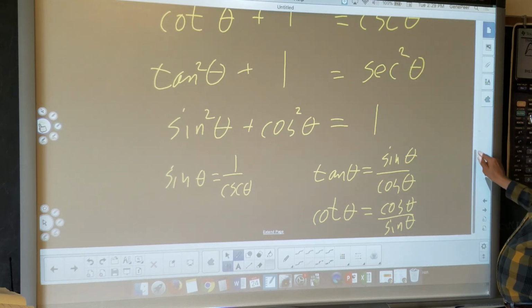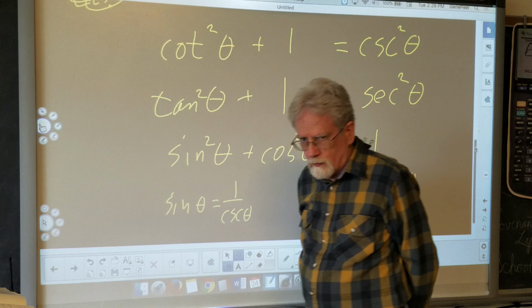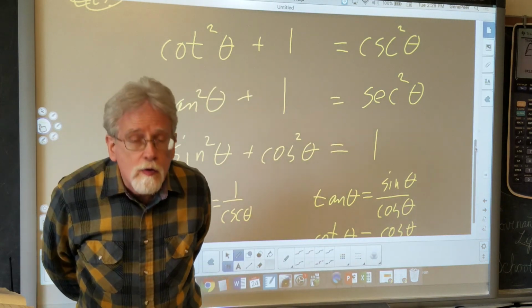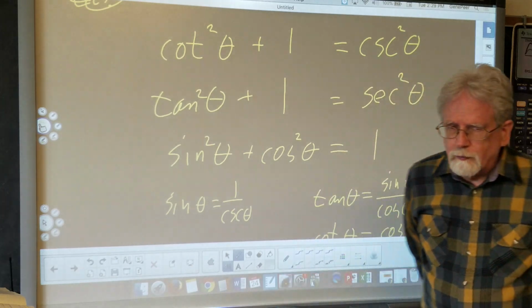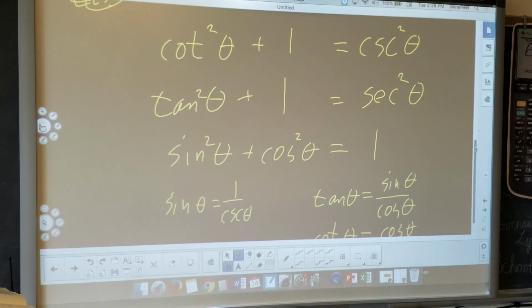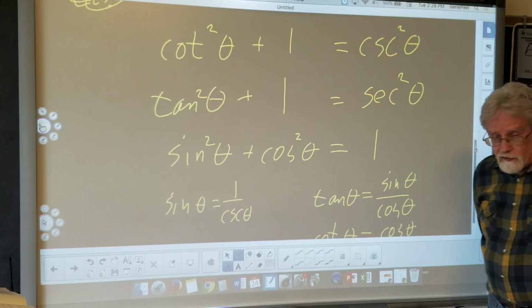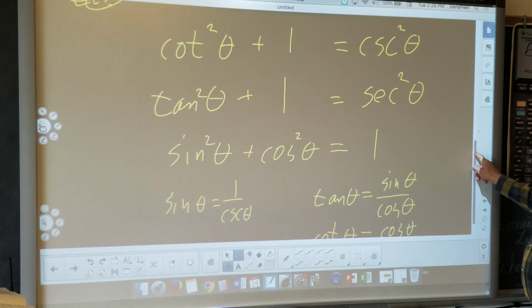And then these 3 guys, all of these are fundamental identities that you have to know. Yes, there are some things in this class that have to be memorized. This is one of them. But I would dare suggest that once you get used to them and practice them a little bit, and think about the patterns you see that I've already pointed out to you, these should not be too horribly difficult to remember.